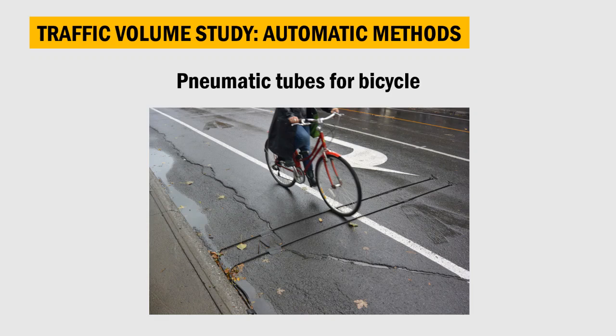And the data recorded by these tubes can be used to determine whether or not the road needs a dedicated bicycle lane, as a higher volume of bicycles would require a bicycle lane.